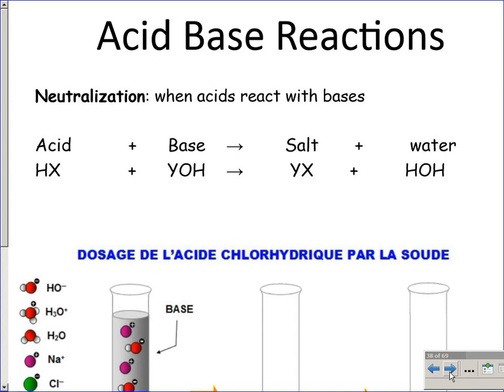So what does the word neutralization really mean to you? Neutralization is a process, where neutral is a characteristic. So what does neutral mean for pH? It means pH 7, right?